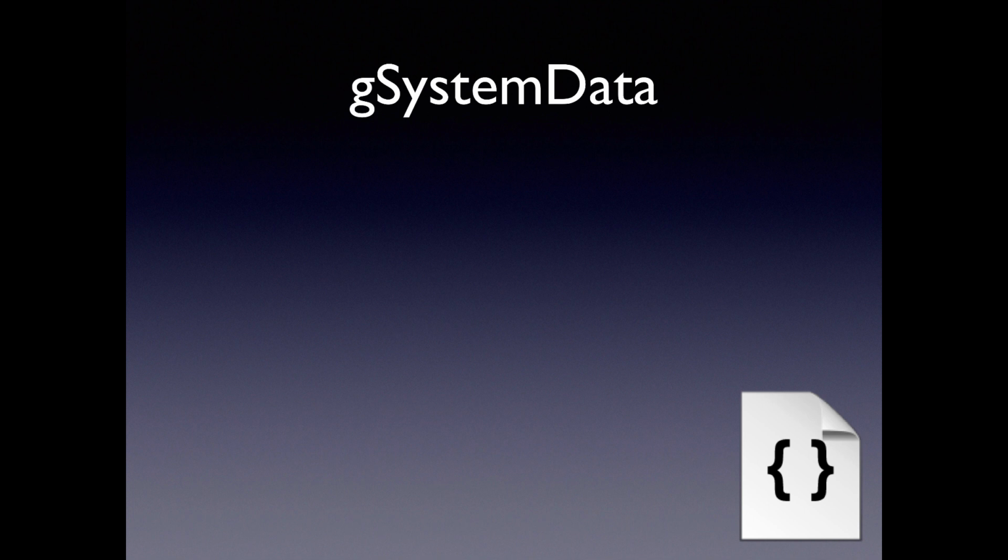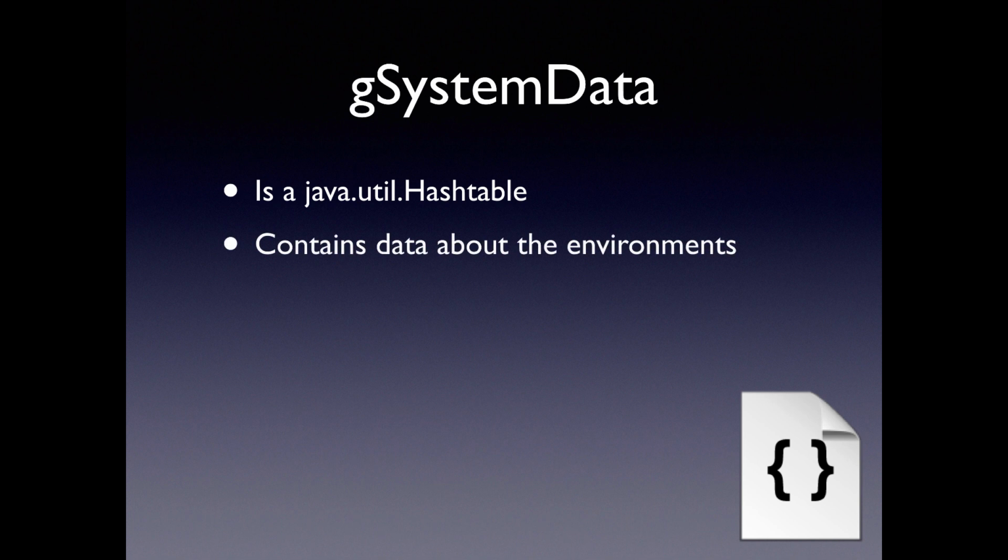Okay, so we've used scripts now that write to the G output writer. We have used the G report macros to get and set macros. And now let's take a look at that third global variable that's created, G system data. G system data is also a hash table, but it contains information about the environment that the script is running in.